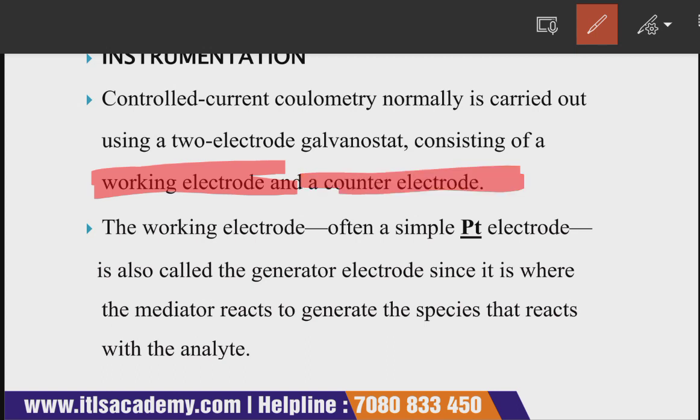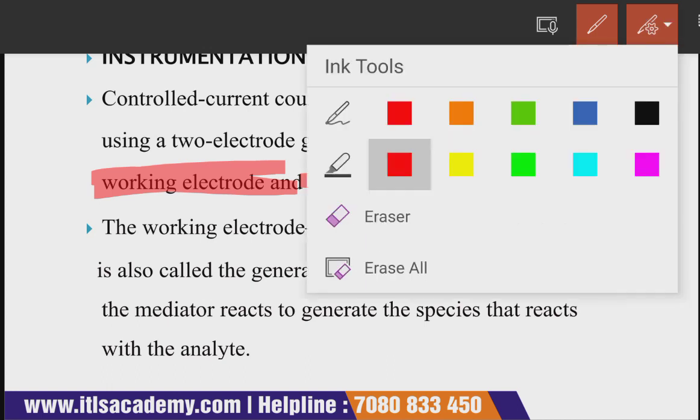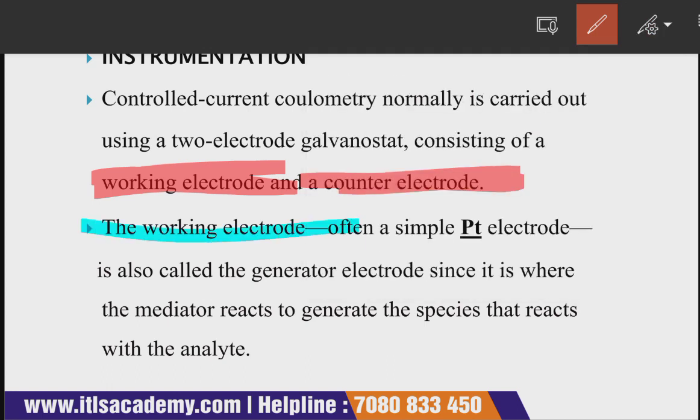Okay, let's talk about the first one, the working electrode. The working electrode is a very simple type of electrode, and it is also called the generator electrode.